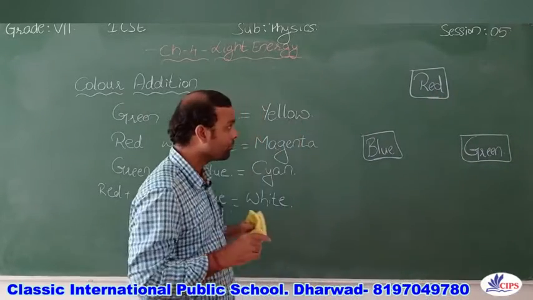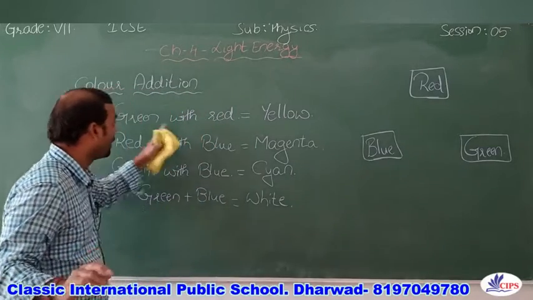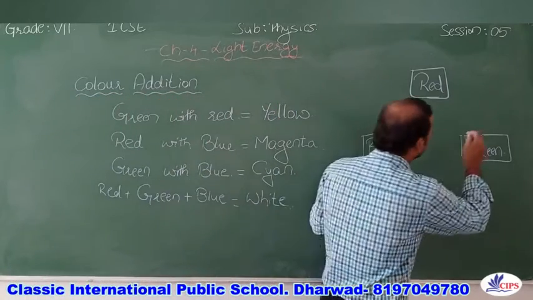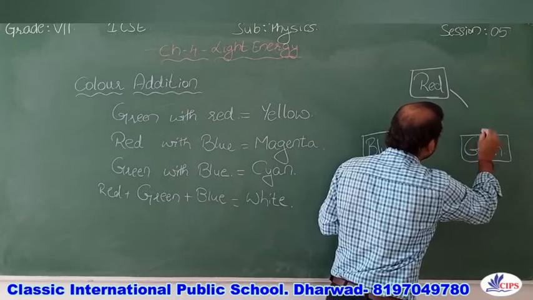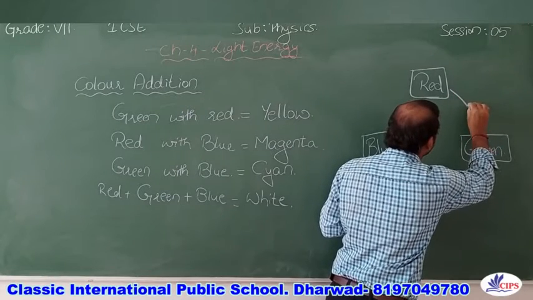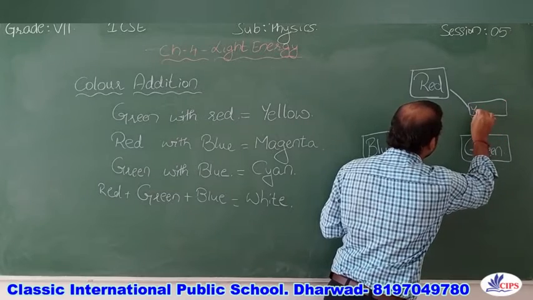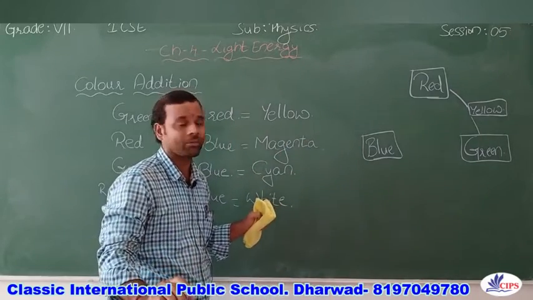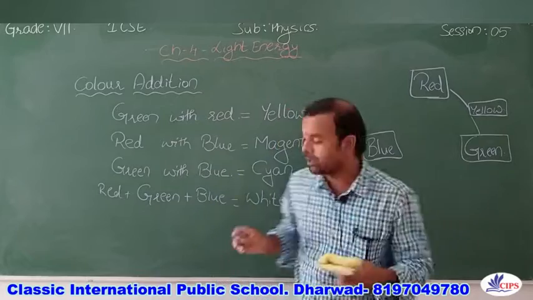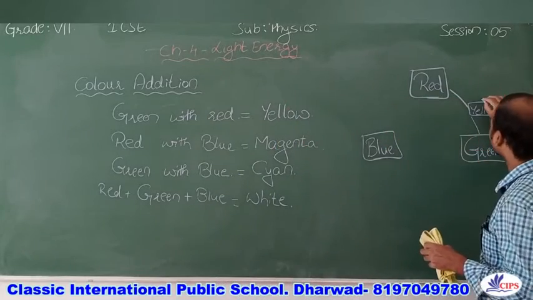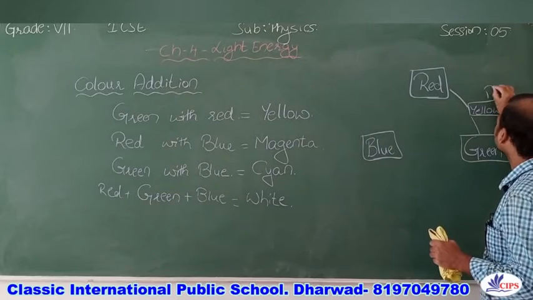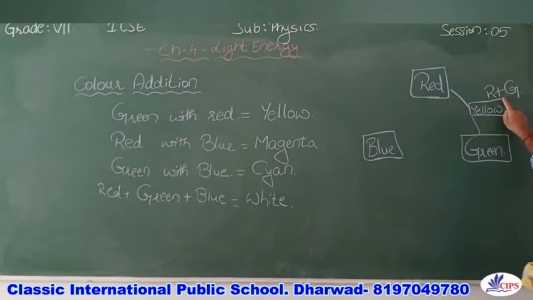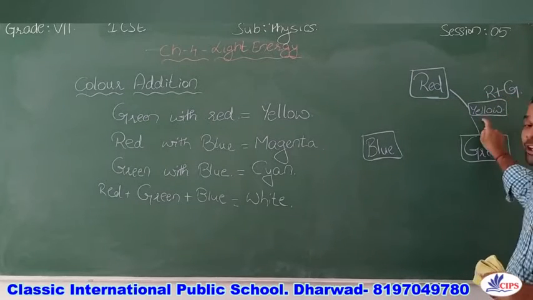Fine. Now, as you know, here red when mixed with green gives you yellow, right? So red I am mixing with green, and you get yellow. When you write the equation, it becomes R plus G gives the yellow color.